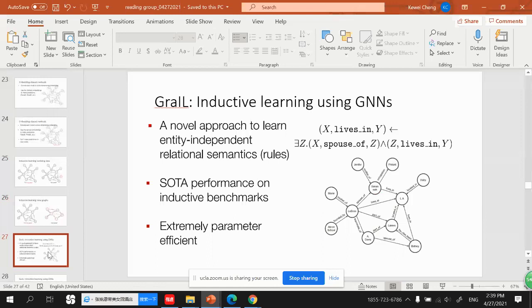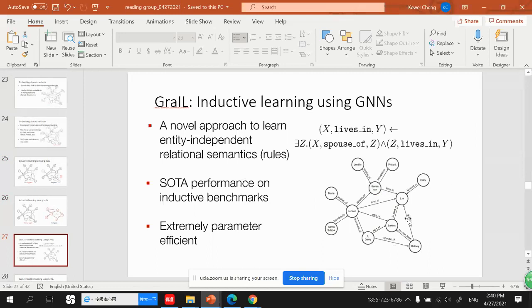So based on these requirements of the application, this paper is trying to solve the task of inductive learning using GNN. The most important idea here is that given a knowledge graph, it will contain some information in the form of logical rules.